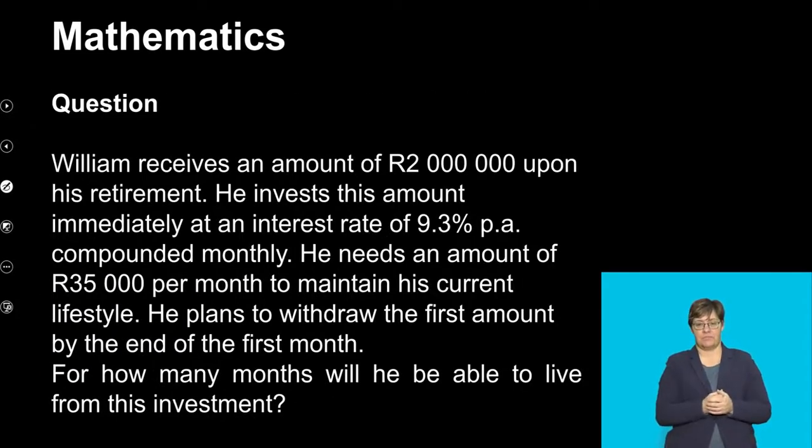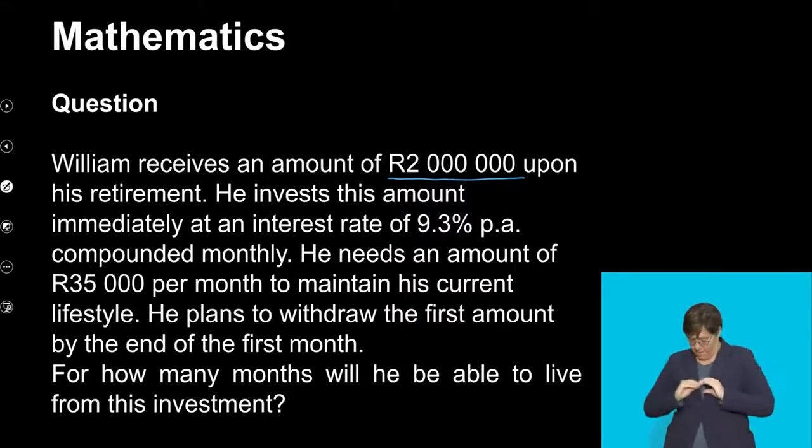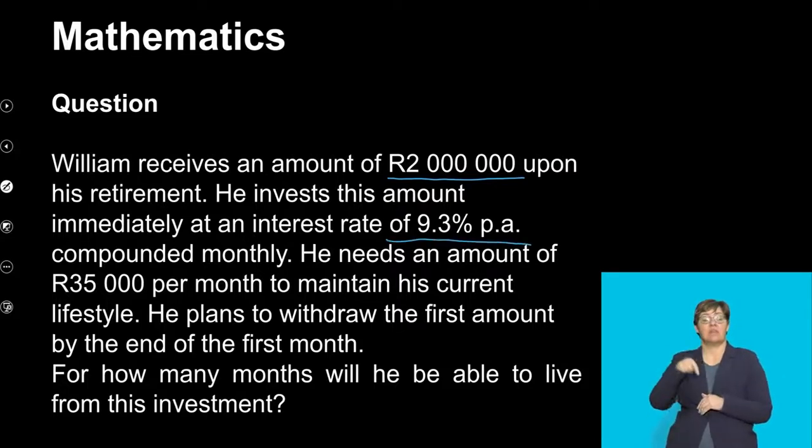Now, let's read this question. William receives an amount of 2 million upon his retirement, right? It's a lot of money, but when you are retiring, it might be very little. He invests this amount immediately after getting this money at an interest of 9.3% per annum, compounded on a monthly basis.